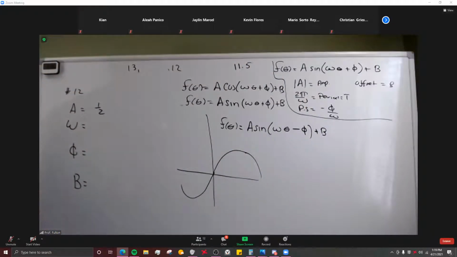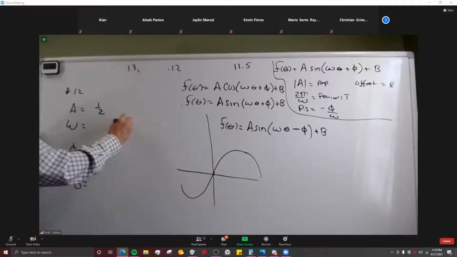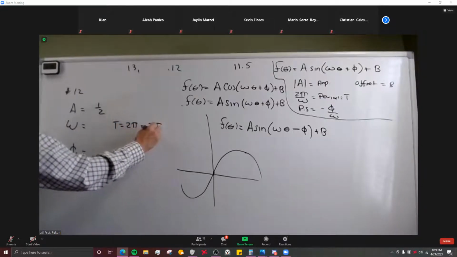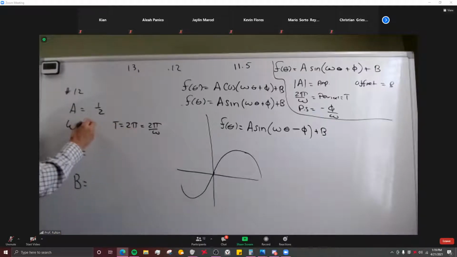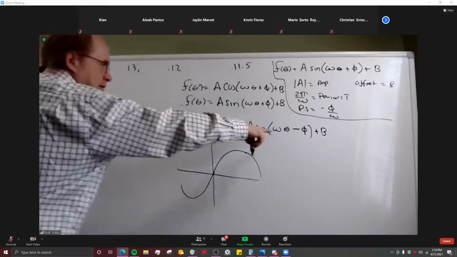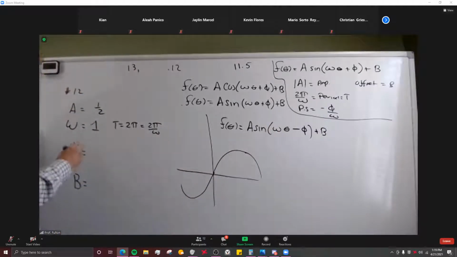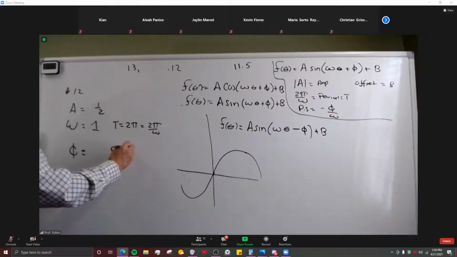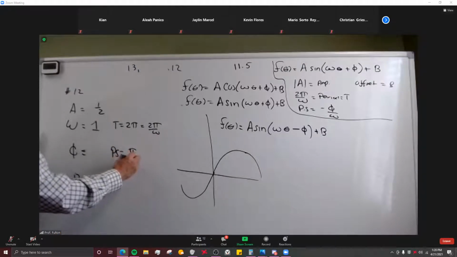Okay, so what do we have over here? We know the period we just got was equal to 2 pi, and the period is equal to 2 pi over omega. So this tells me that omega has to be 1. Now, if I'm going to use this as my model, we want to figure out phi. The phase shift looked like for us it was pi over 6.